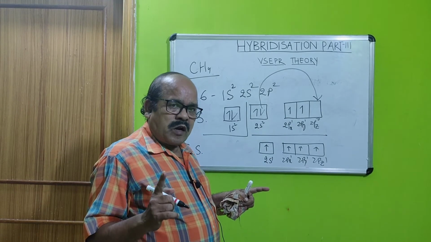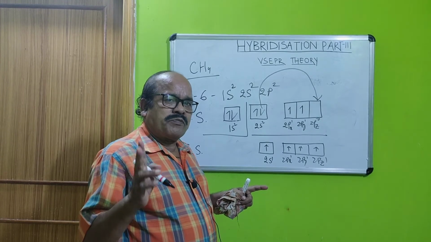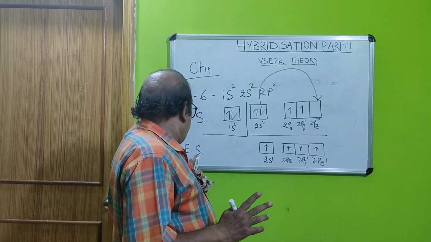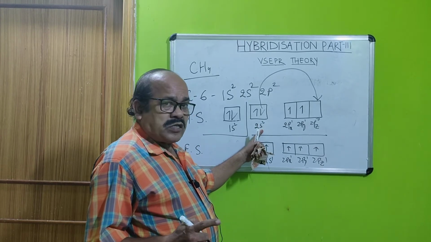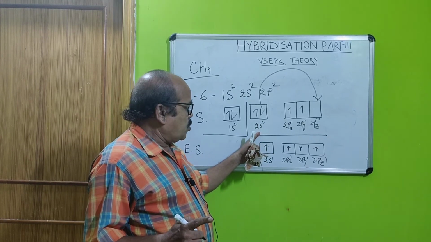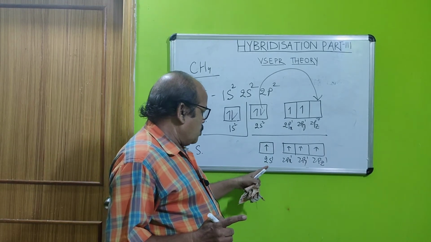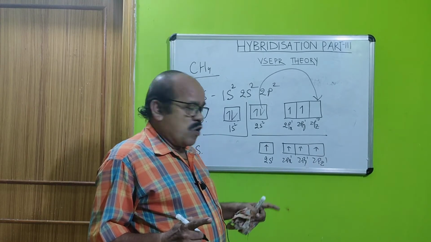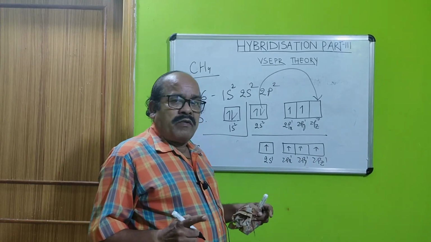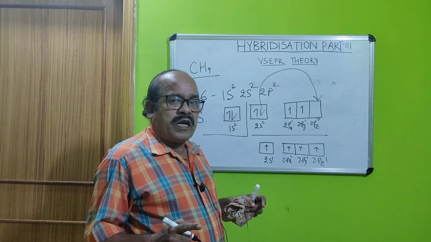As it forms compounds like CH4 and CCl4, that can be explained only that in the excited state, one electron from 2s will be shifted to 2pz, bringing the structure to 2s1, 2px1, 2py1, 2pz1. All are in the same energy level, so they can take part in the process of hybridization.